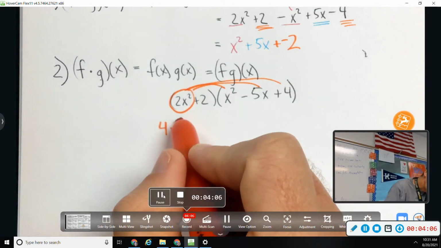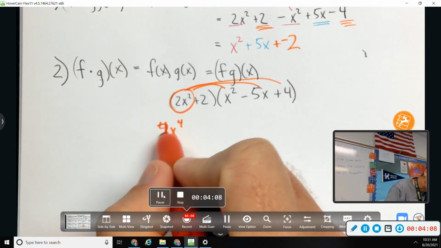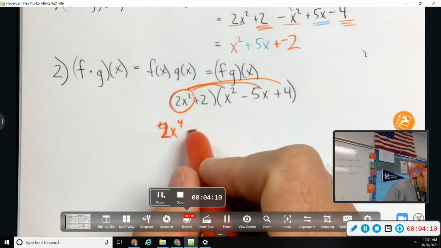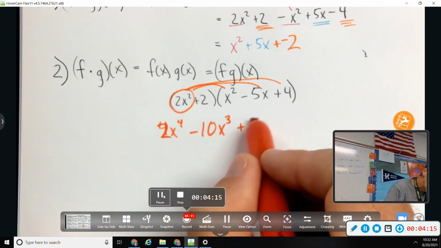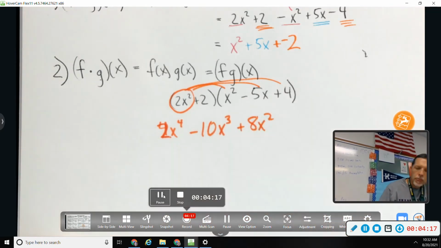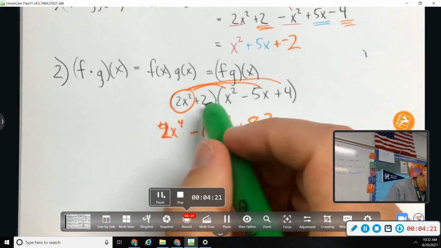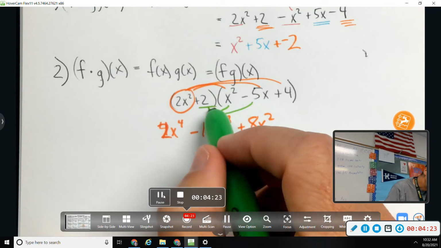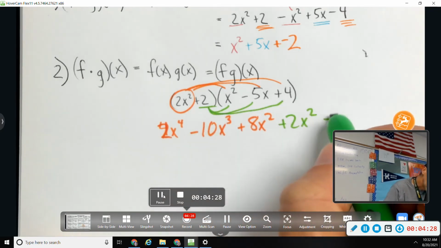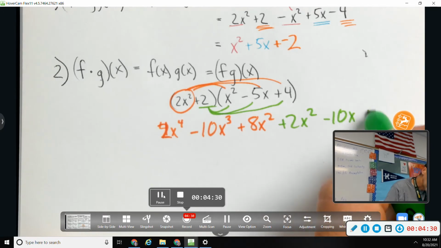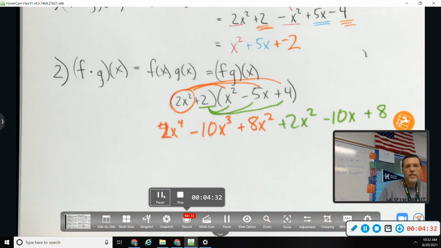So 4x to the fourth. Whoops. How about 2x to the fourth? Minus 10x cubed plus 8x squared. And then we'll distribute the 2 to everybody. Plus 2x squared minus 10x plus 8.